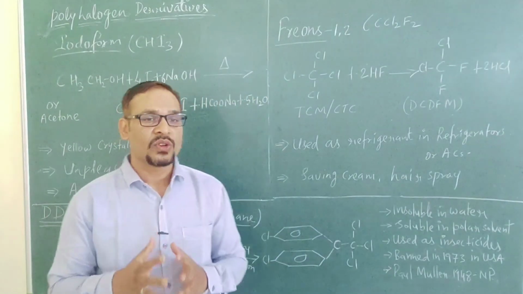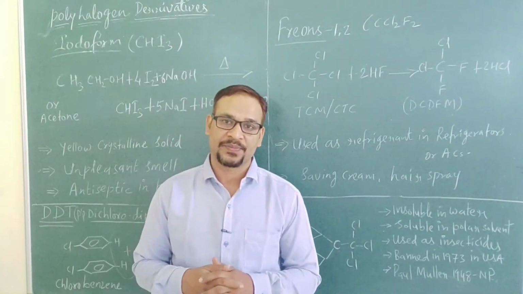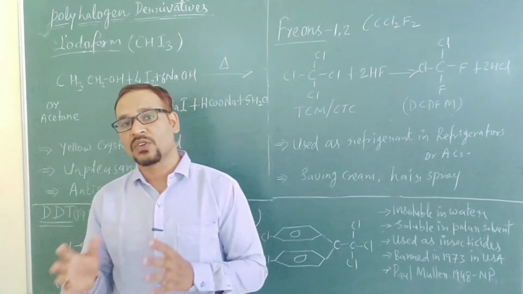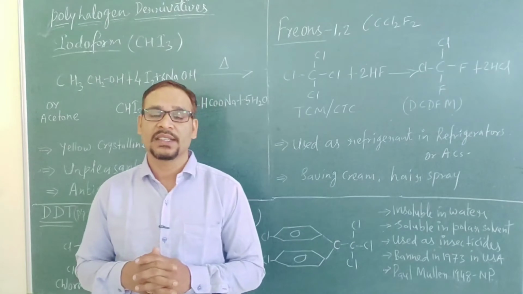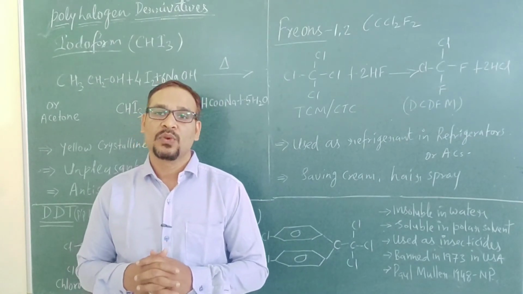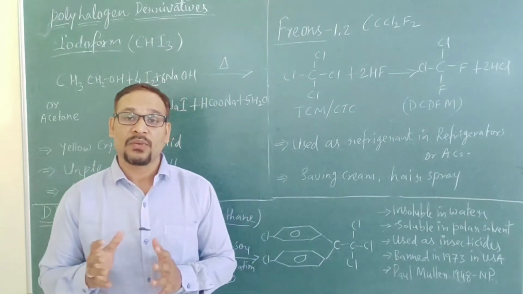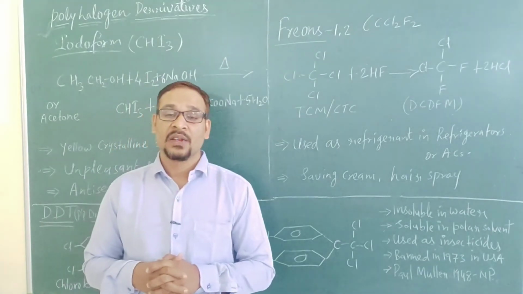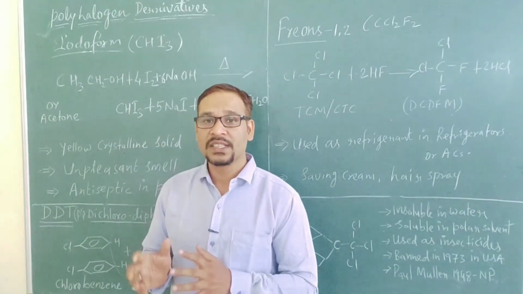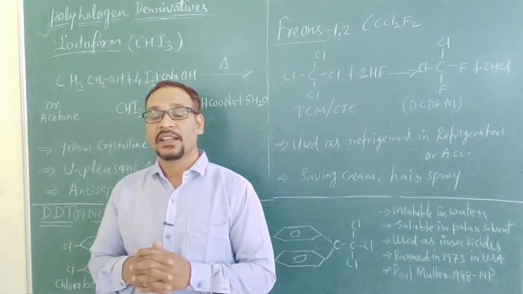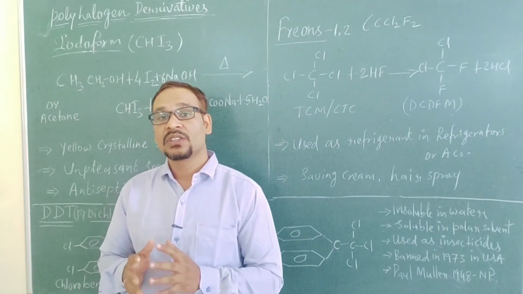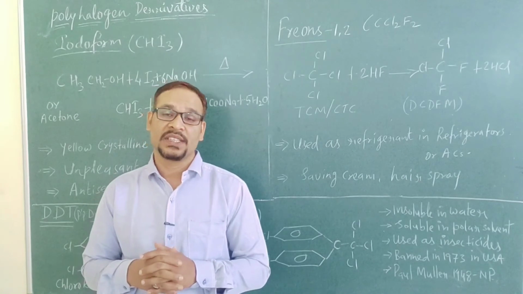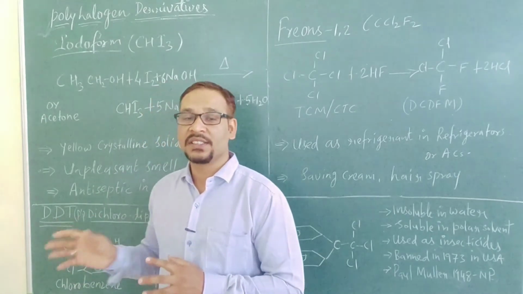Now let's talk about DDT. DDT is insoluble in water and soluble in polar solvent. Many of the substances which are insoluble in water are soluble in polar solvent, and it is a powerful insecticide. Because Paul Muller synthesized this effective insecticide, he got the Nobel Prize in 1948 after discovering DDT.